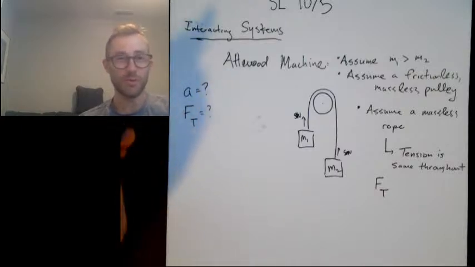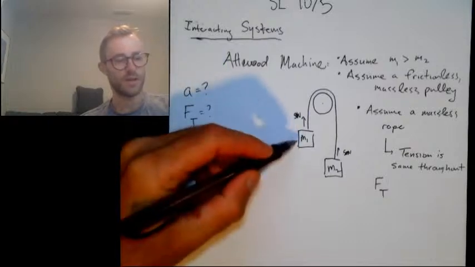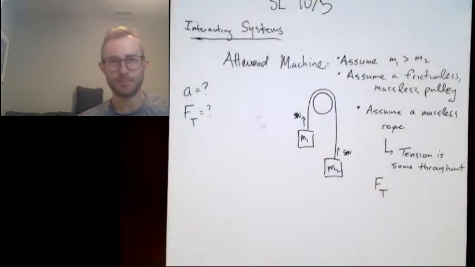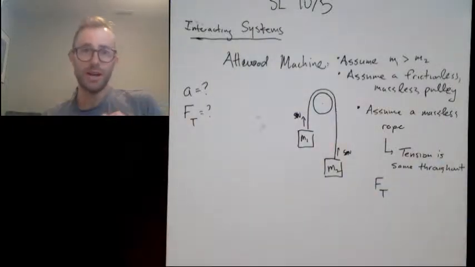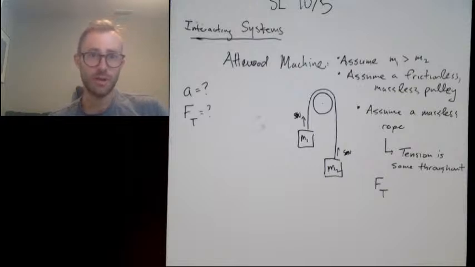There is really only one acceleration in this system. As we said, M1 is going to be falling and M2 is going to be rising, but they're going to have the same acceleration. Why? Because they're connected by a taut rope.